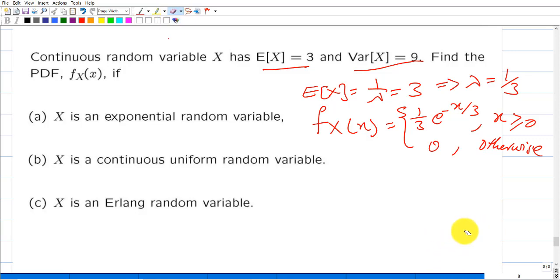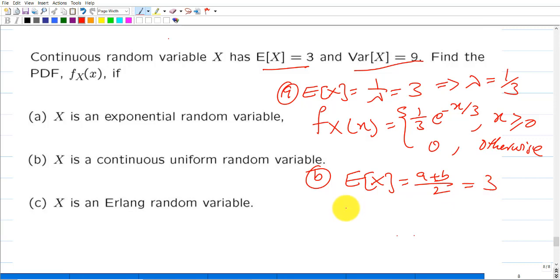Similarly, this was part A, and part B says that x is a continuous uniform random variable. For the uniform random variable, we know that the expected value of x is defined as (a plus b) over 2, which is equal to 3, and the variance of x is defined as (b minus a) whole squared by 12, which is equal to 9.